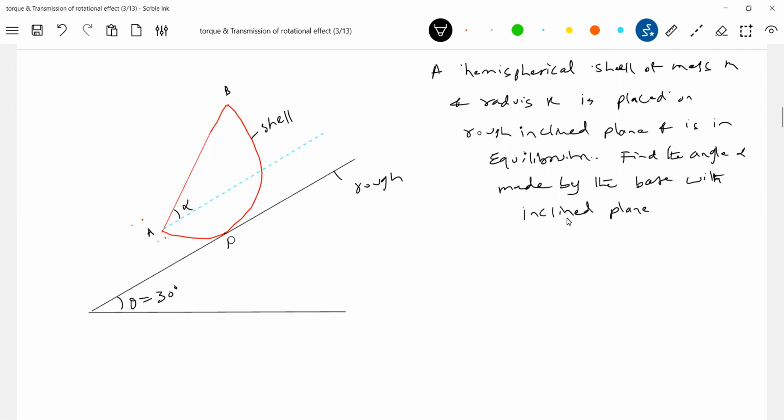That blue colored dotted line is what? Parallel to the inclined plane.